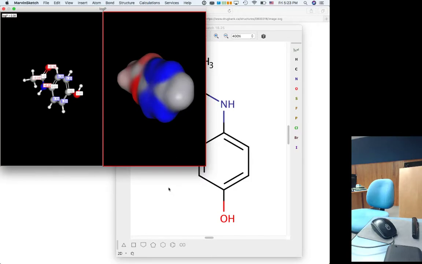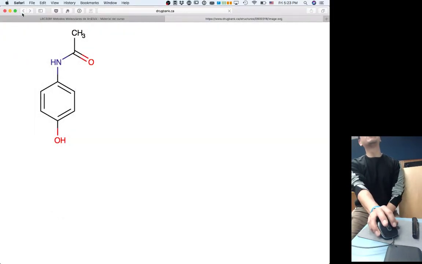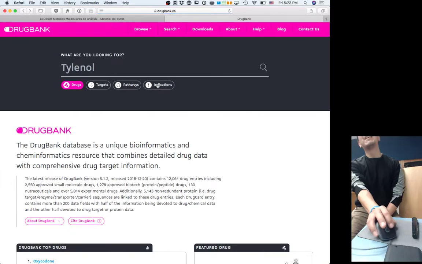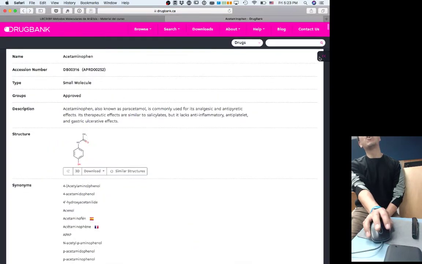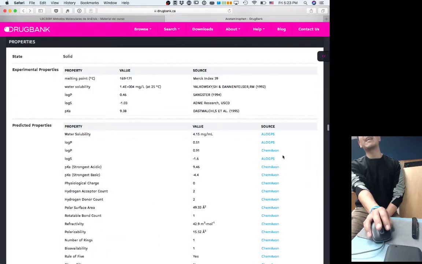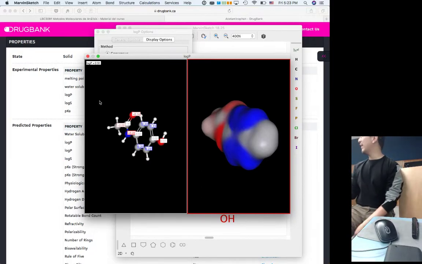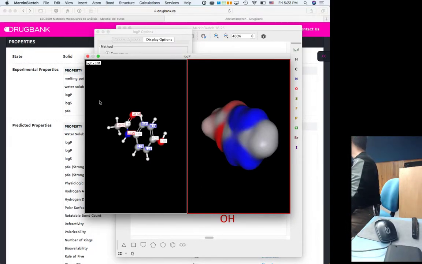The log P, according to Chemaxon, should be 0.91. Is that similar to the one in the page? I don't know. And how will you find out, Rodolfo? In properties. You just go back to the page. You go again to properties, and the log P as calculated by Chemaxon on the website is exactly the same as calculated by Chemaxon on your desktop.